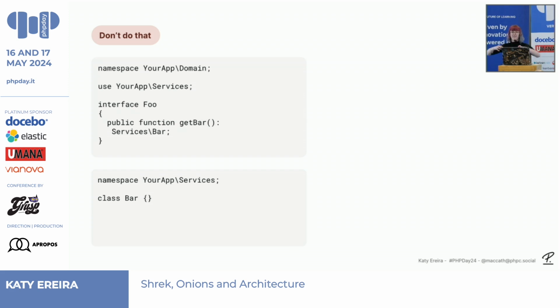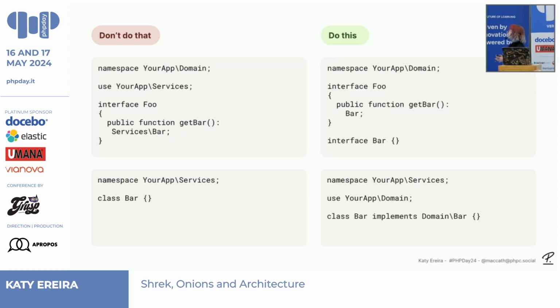The service layer can only reference layers inside, not outside. So instead, you would create an interface, and that serves as a port into your domain services. And then in our service layer, we can implement our domain model abstraction. And then those two layers aren't tied together in a way that they shouldn't be.